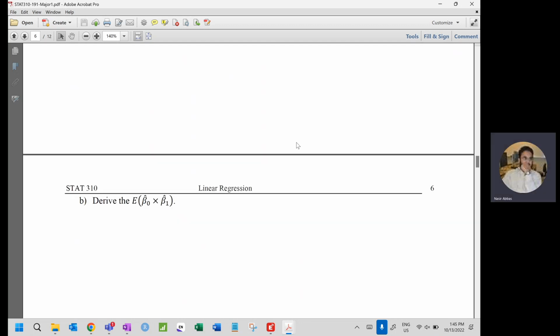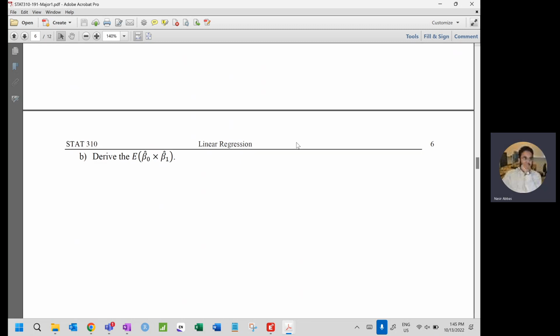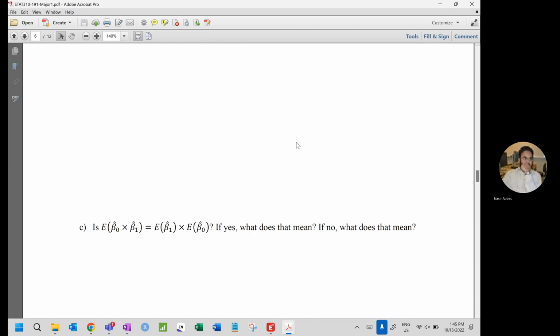Derive the expected value of beta naught, beta 1. Same question, exactly the same question, using the covariance. Here I gave them the hint while in the room. Is expected value of this equal to this? If yes, why? If no, why?